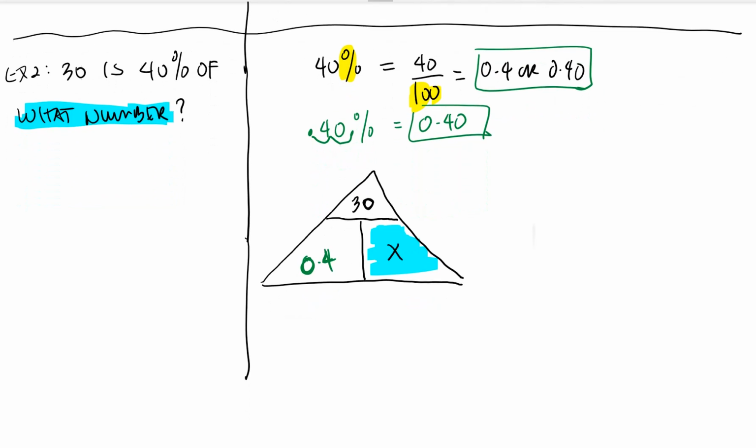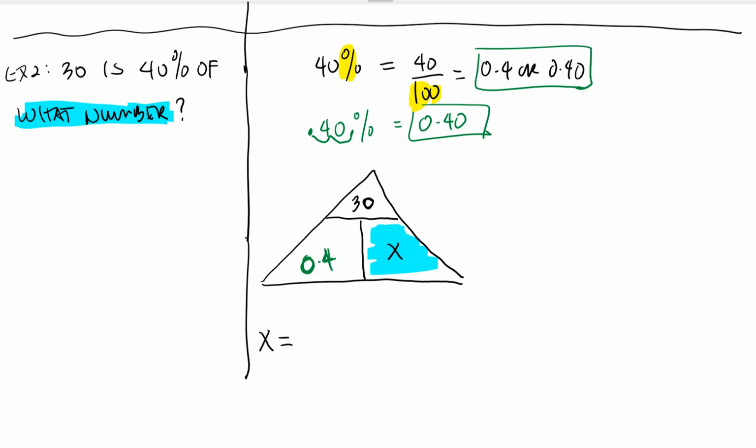So now, how would I write the equation of this? Well, is it not that the variable X is in the lower right portion? So if you cover that part, you'll get 30 above, and then the bottom is 0.4.